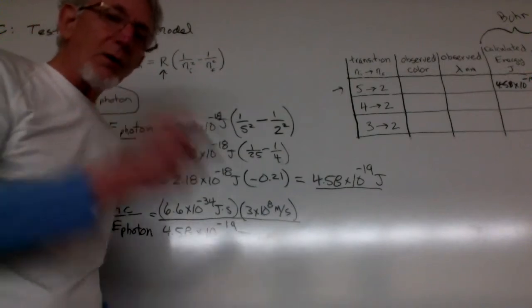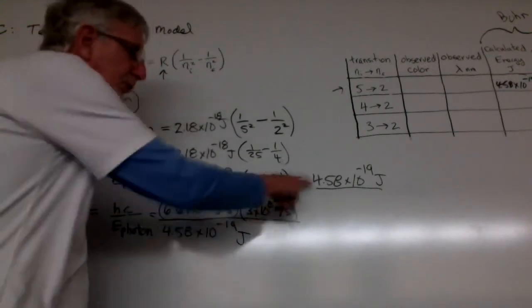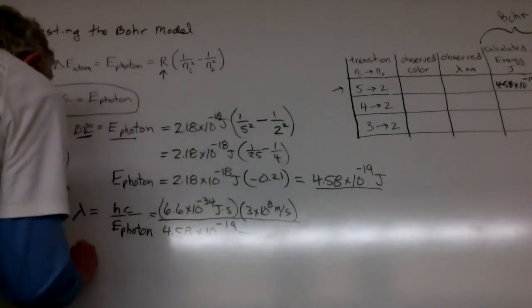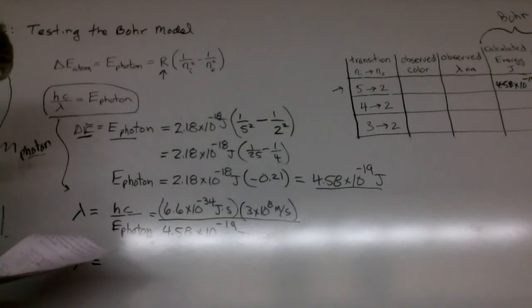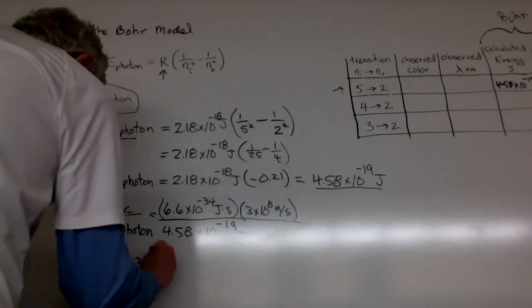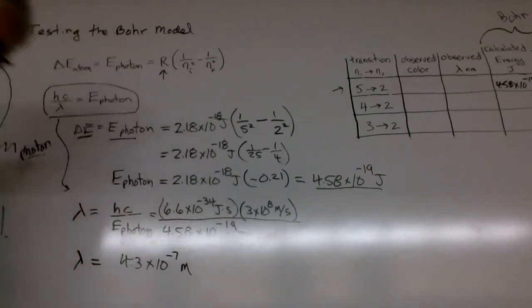It's carrying away all of that energy that was lost by the atom. So we just put plus there. We don't have the negative. Now you do your calculations, your plug and chug, and we get a wavelength of 4.3 times 10 to the negative 7 meters. There you go.